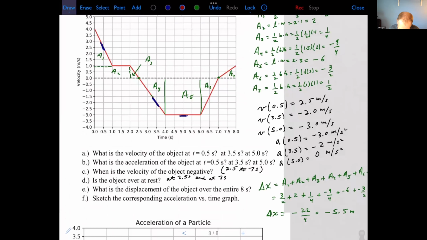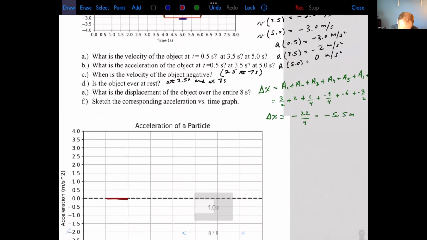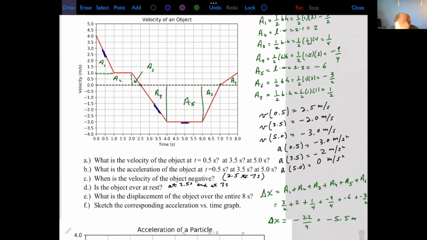Okay, from 1 to 2, that's easy. The slope is 0, right? So the acceleration is 0 from 1 to 2. From 2 to 4, it looks like it's constant, right?